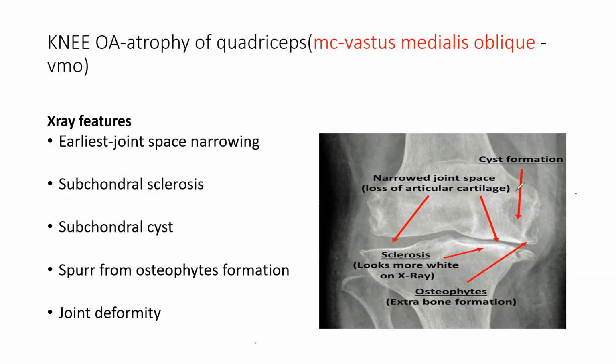Because it is formed of four muscles: vastus medialis, vastus lateralis, and two more, I don't remember. The quadriceps becomes weak because you are not using your knee. In quadriceps, the muscle most commonly atrophied is the VMO, vastus medialis obliquus.